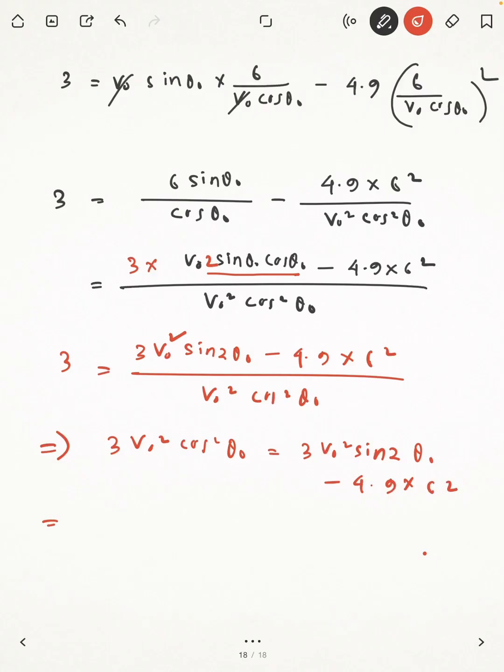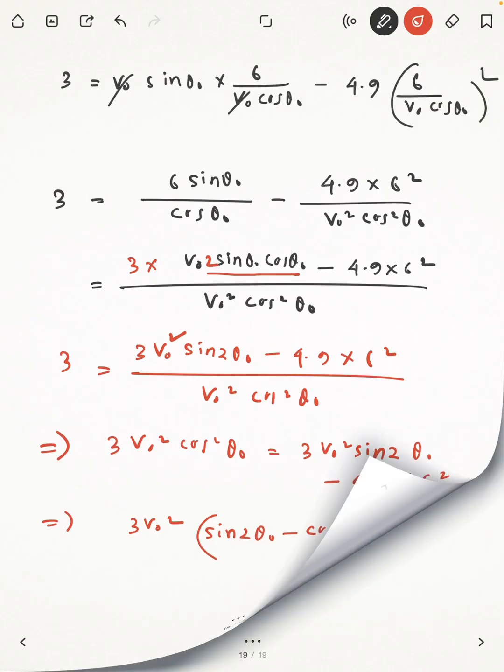Now if I take the constant on one side and take 3 v naught square as common, it will end up with 3 v naught square, sine 2 theta naught minus cos square theta naught, is equal to 4.9 times 6 square.